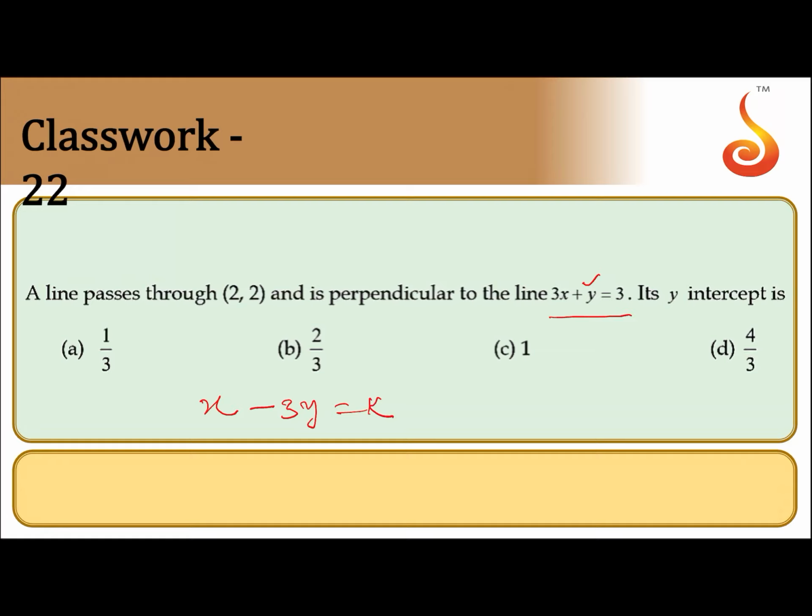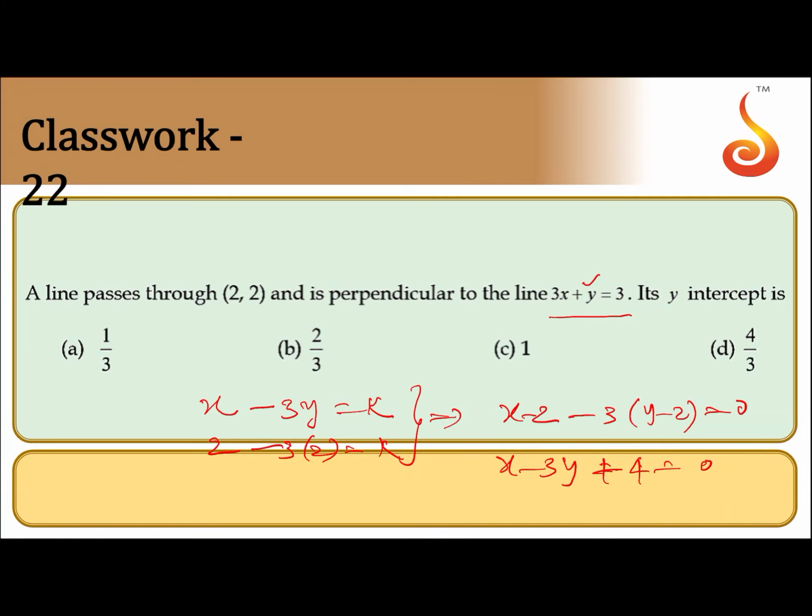Since it is passing through 2 comma 3, substitute: 2 minus 3 multiplied by 2 equals k. You just subtract them and you'll get x minus 2, minus 3 multiplied by y minus 3, equals 0. So clearly x minus 3y plus 4 equals 0.